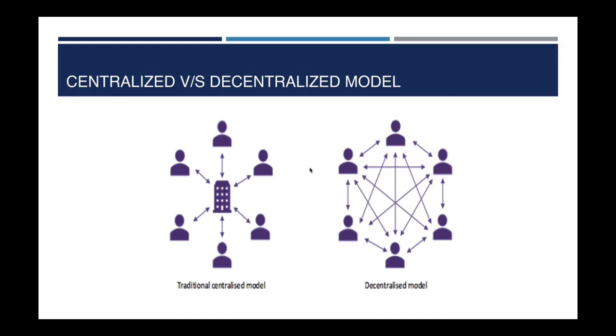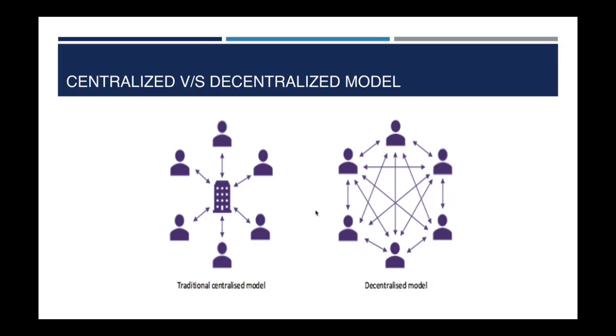But in case of decentralized model, as you can see, there is no centralized authority of data. So each peers or each participant in the network can talk to each other and exchange data between them.